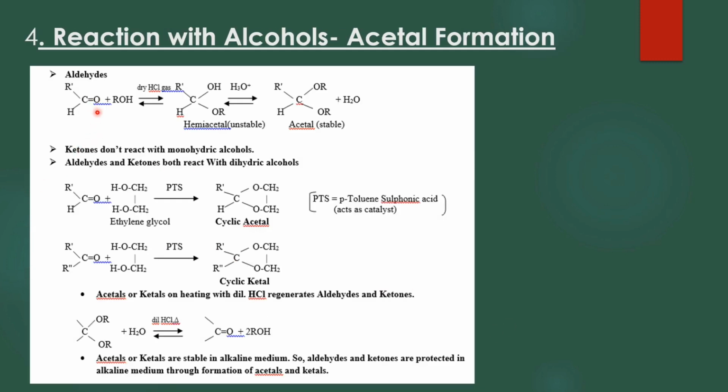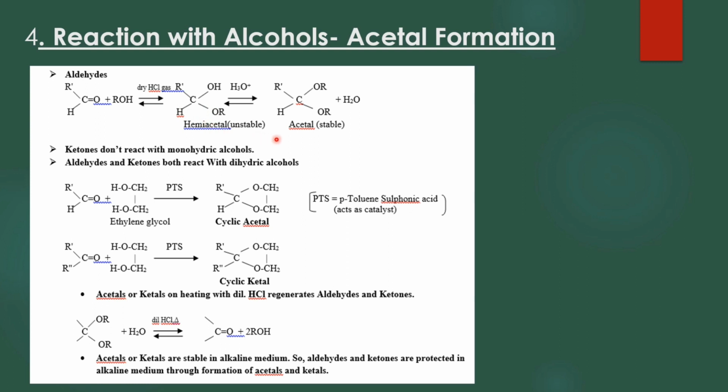Aldehydes react with alcohols in presence of dry HCl gas to produce acetal. It takes place in 2 steps. In the first step, aldehydes combine with one molecule of alcohol to yield unstable hemiacetal.